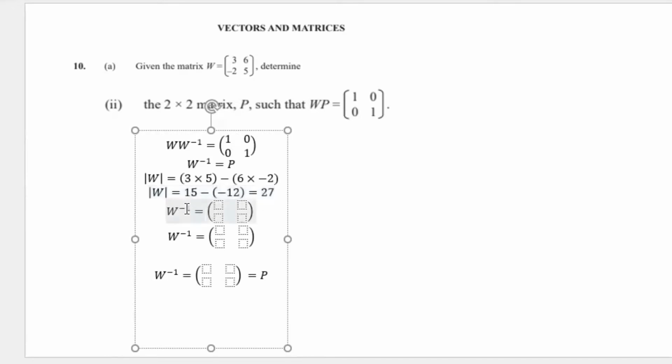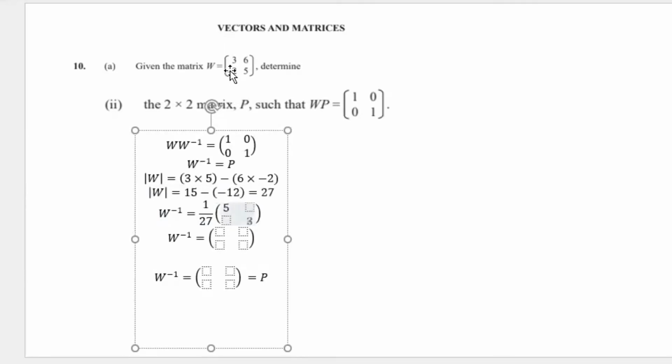So now in order to find the inverse, it is 1 over the determinant, which is 27, being multiplied now by the original matrix. But when you're writing the original matrix, you're first switching the numbers in the first diagonal. So where there's 3, we'll put 5, and where there's 5, we will put 3.